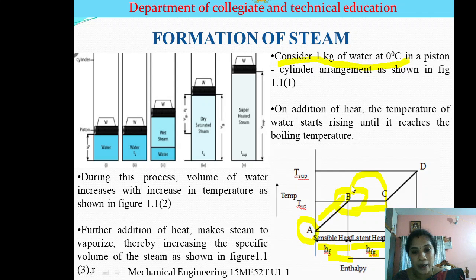Till where is it going to be heated? Till it reaches the point called the saturation point. This is the temperature you need to remember throughout the semester, that is T saturation. The boiling point of the water is called T saturation.